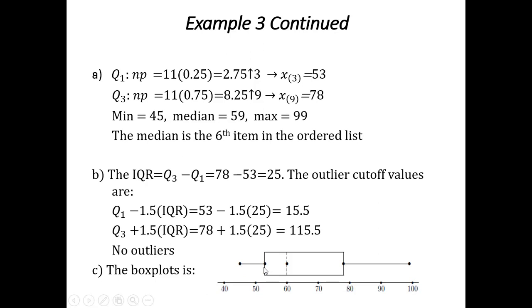Then this left edge of the box would be Q1, which would be 53. The middle should be 59. I know it looks more like 60 here, but this would be 59. And then Q3 over here would be 78. And then the maximum is 99. Okay, so that's how we create a box plot.